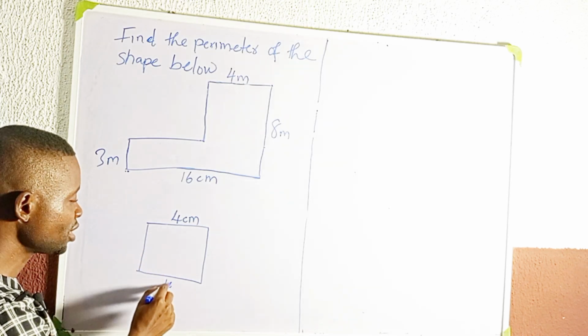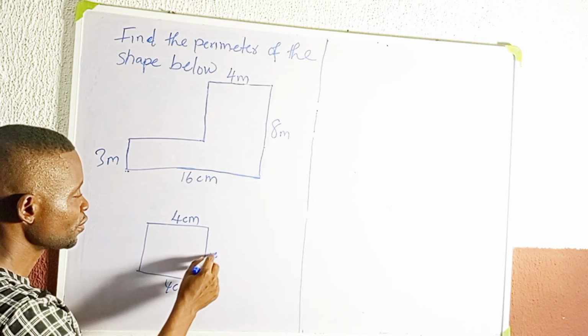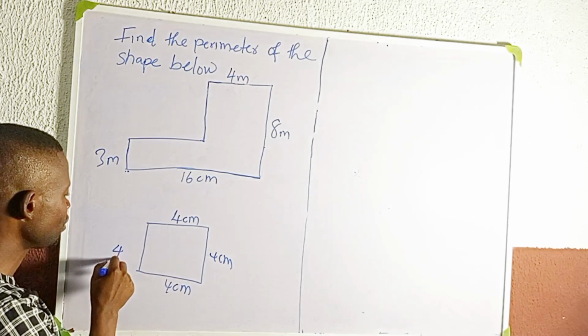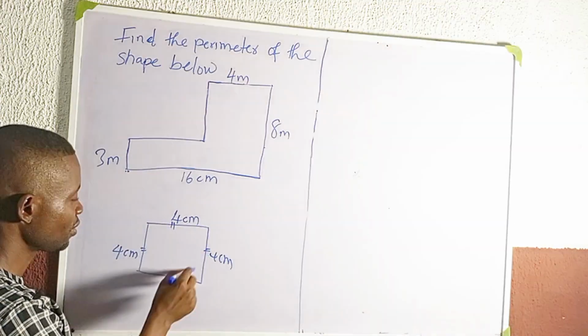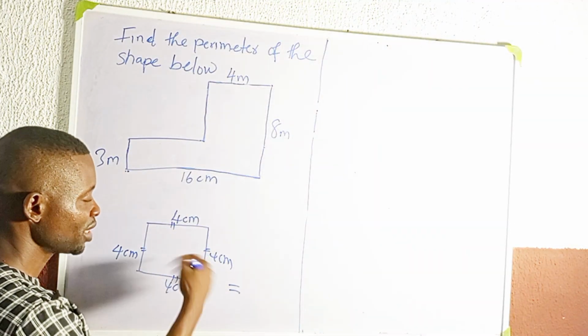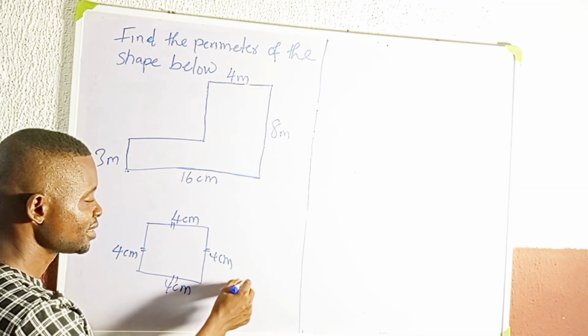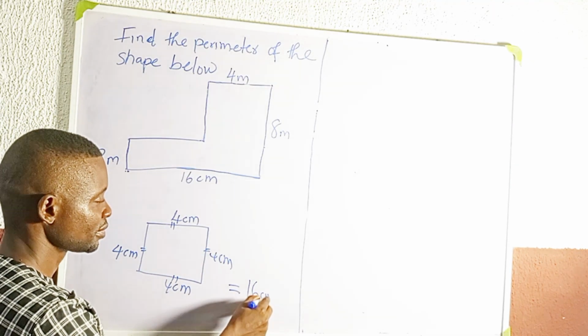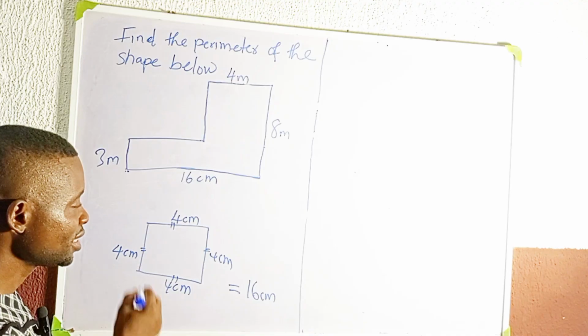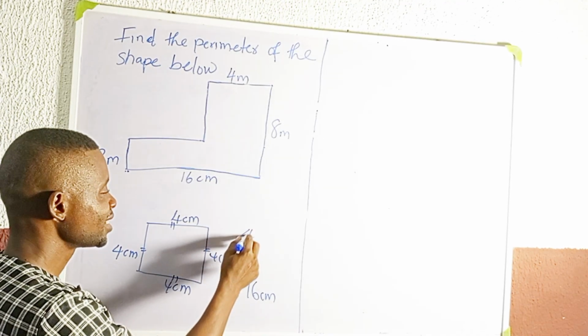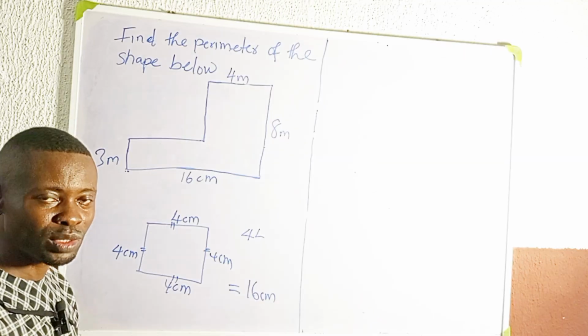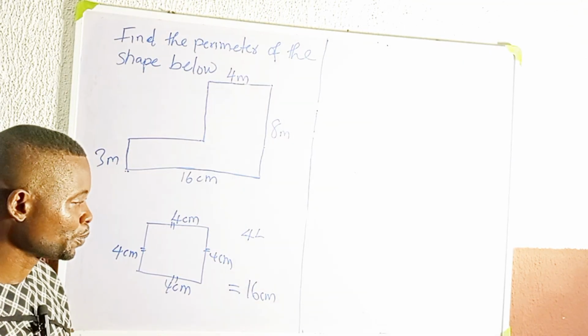So if here is 4, here is 4, here is also 4, here is also 4 cm. We can use this to indicate that all the sides are equal. So the perimeter of this square is 16 cm. That is why the formula for finding the perimeter of a square is 4 times length. Just multiply one of the lengths by 4.